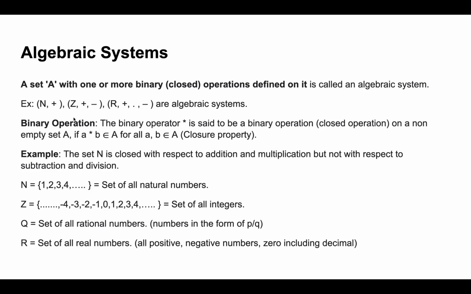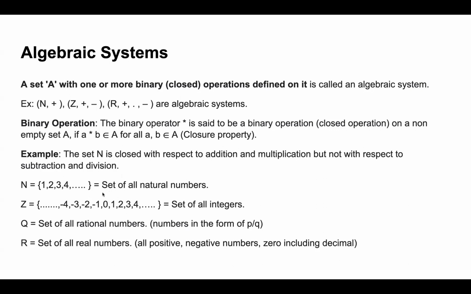Then suppose I perform -5 plus 4. Again the answer is -1. It is present in the set, so this is called an algebraic system. Same case with the minus operation. If I perform minus on any two numbers, 3 minus 1 gives 2. 2 is present in the set. Now consider 3 minus -2.